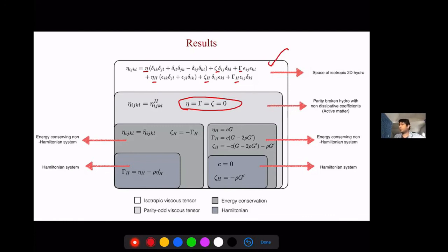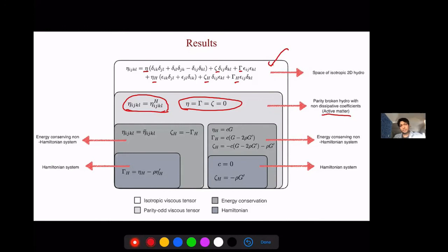In these cases, these are parity broken hydro with non-dissipative coefficients, under the constraint that energy density is not conserved. So that's why I put maybe active matter classes here.